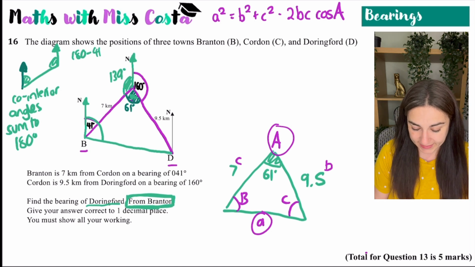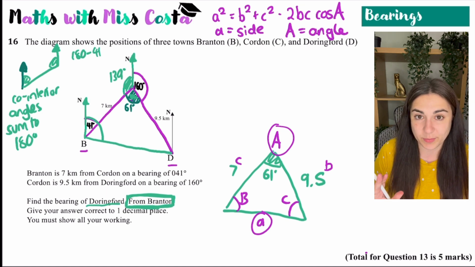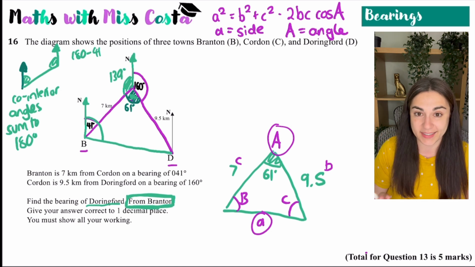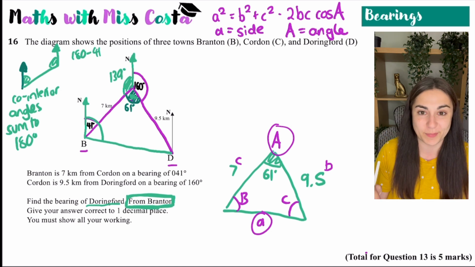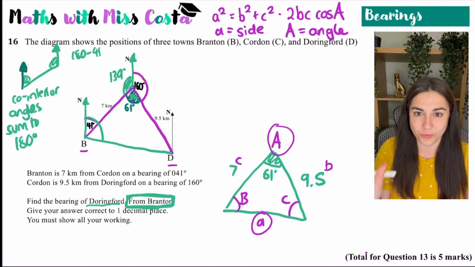All this means is that a little letter represents a side and a big letter represents an angle, and you can label your triangle however you want. If they've labelled the triangle A, B, and C, but you want a different angle to be A, that's absolutely fine. Cross out what they've written and relabel it the way you want.